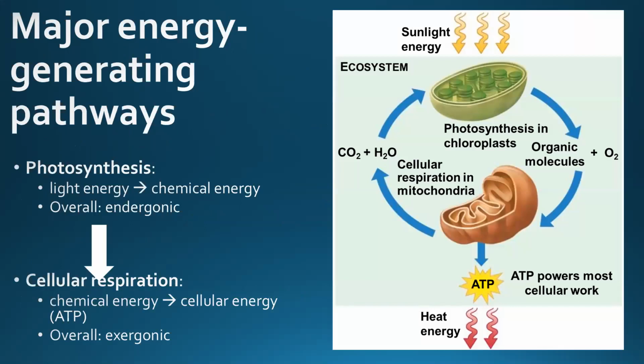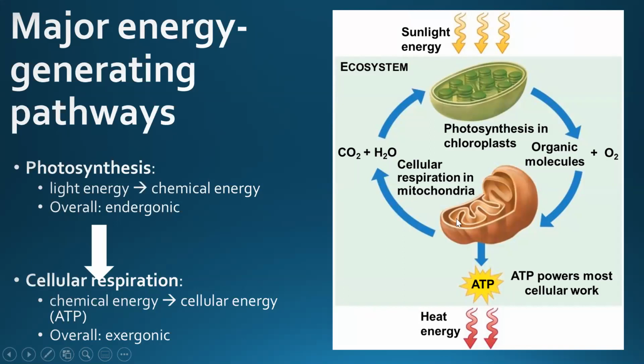Okay, so now I want to get into the discussion of how we are going to generate or produce or synthesize this energy. And basically the way that we do that is through two main processes: photosynthesis and cellular respiration.